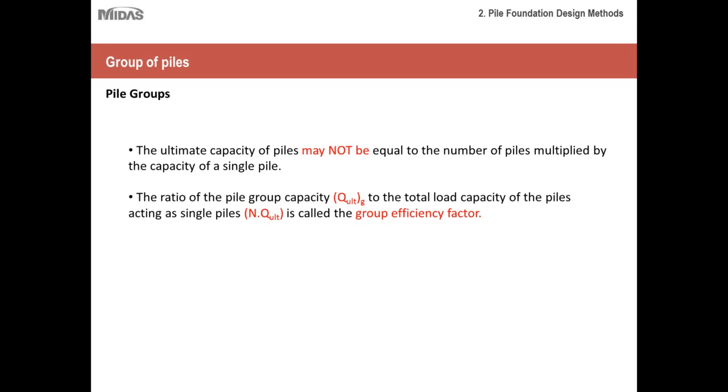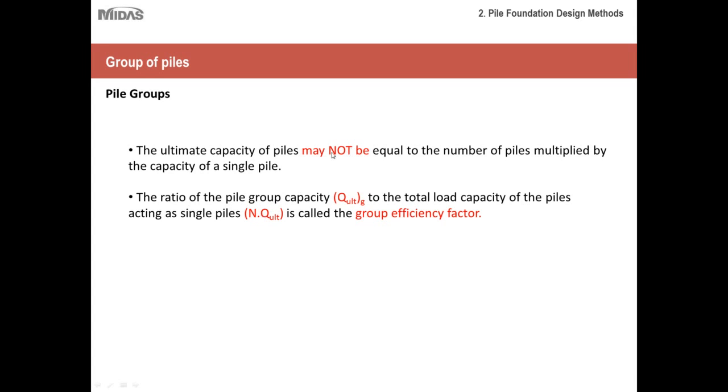And the ratio of the pile group capacity, that is, let's say the ultimate capacity of the piles is 450, and the total capacity of the piles, let's say you have 5 piles and each pile's ultimate capacity is 100, so the total capacity would be 500.